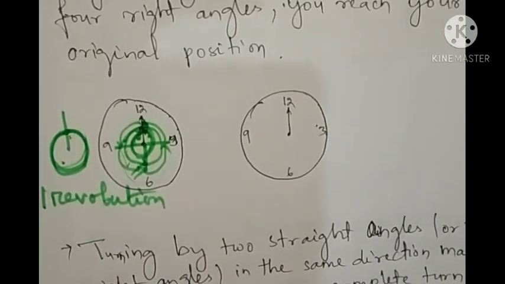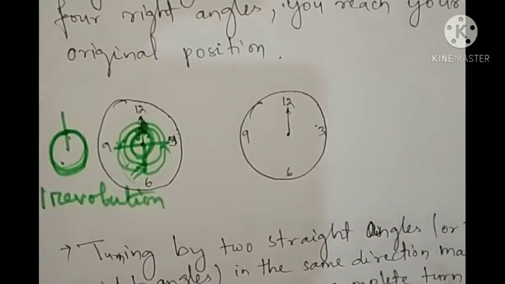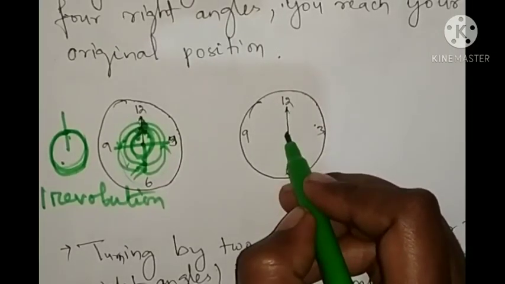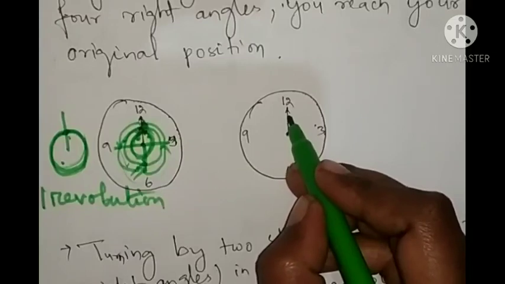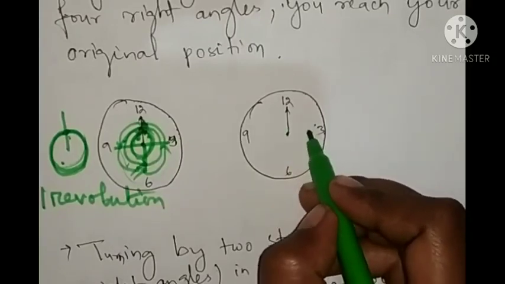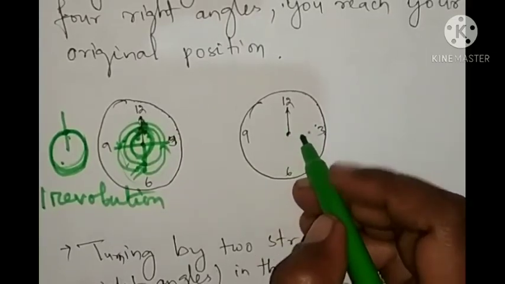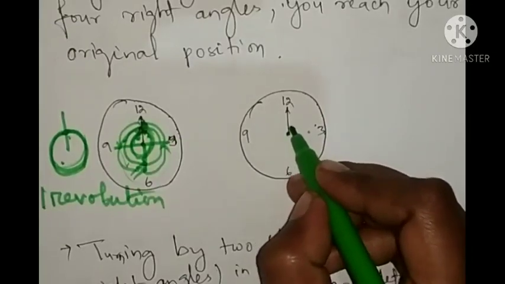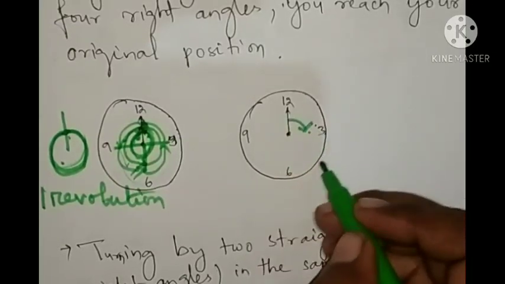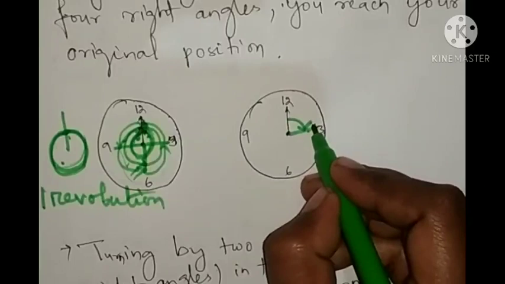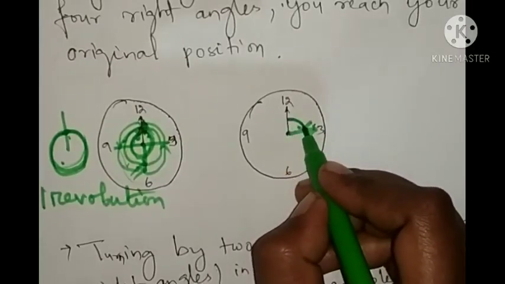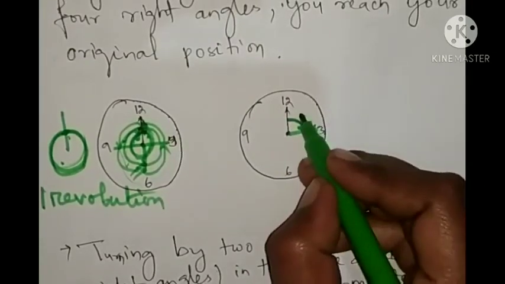Next, when the hand of a clock moves from one position to another, it turns through an angle. If this is at 12 and now it comes to 3 after some time, clockwise, after coming to 3, it is forming a right angle.